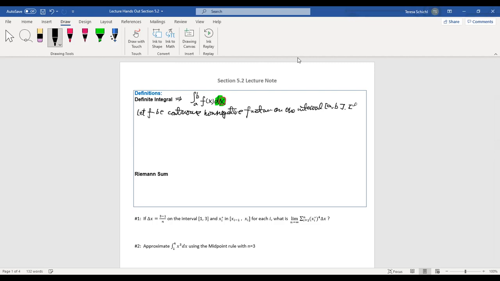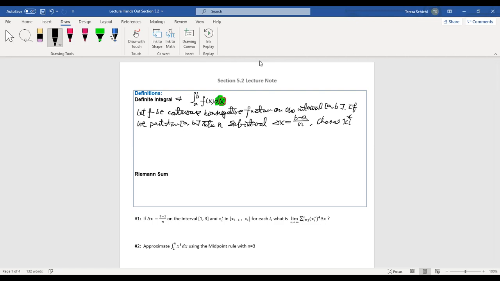So if we partition the interval a, b into n subintervals, we know that delta x is equal to b minus a over n. Then we also choose xi star.